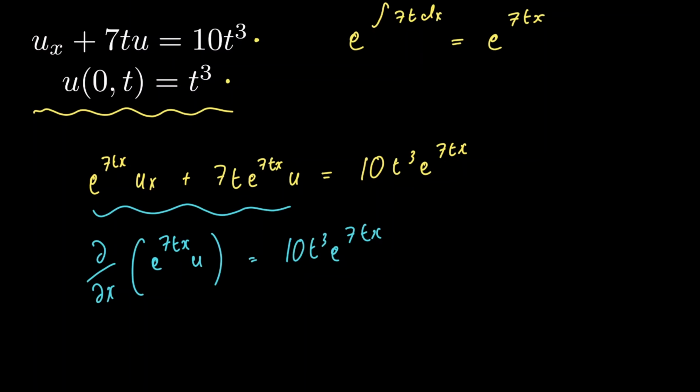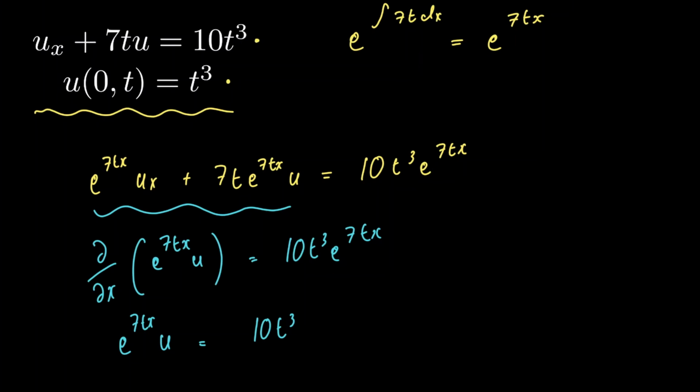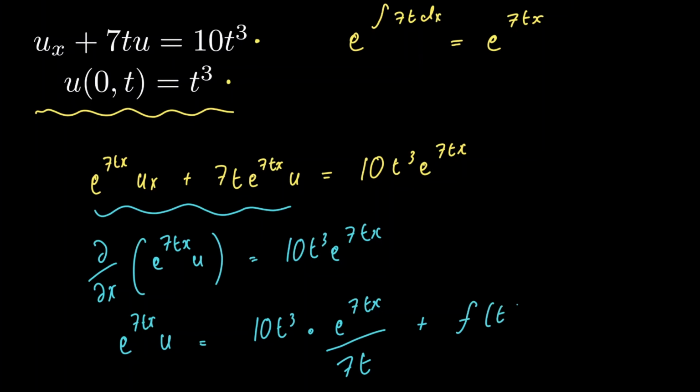If we integrate both sides of our expression with respect to x, on the left hand side we're just left with e raised to 7tx times u, and on the right hand side we have 10 times t cubed multiplied by e raised to 7tx divided by 7t, plus f of t.